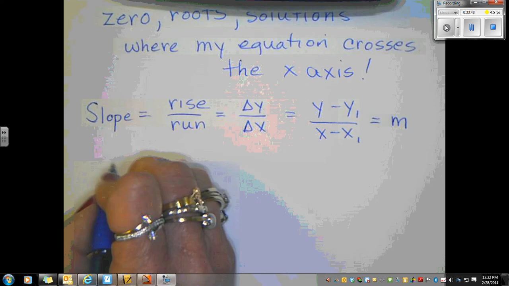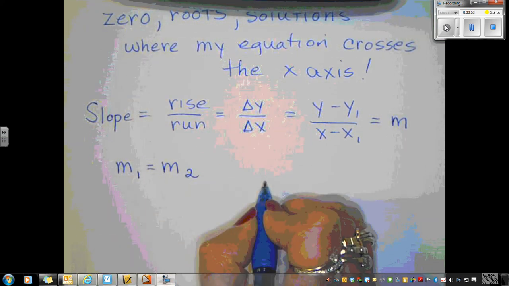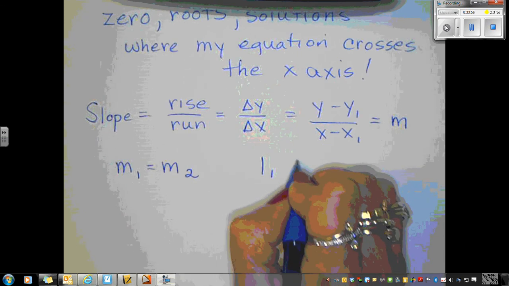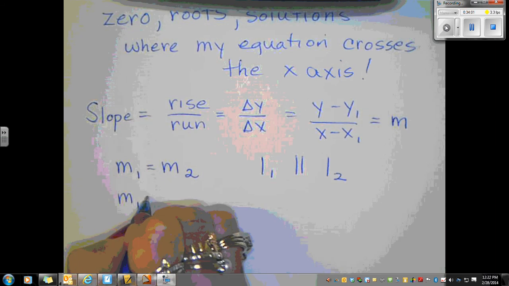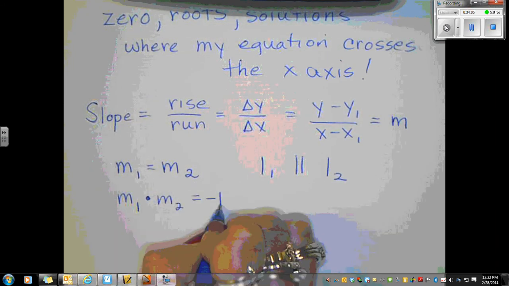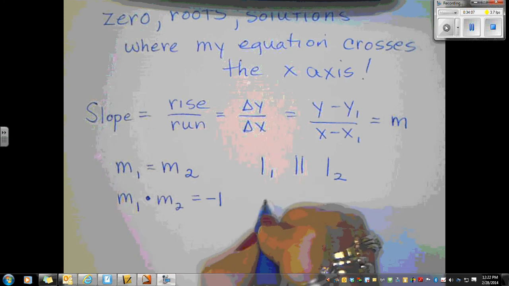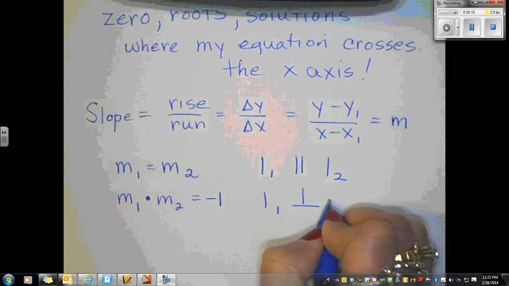Okay, if m1 equals m2, what can you tell me about the lines? L1 is parallel to L2. If m1 times m2 equals -1, what can you tell me about the lines? Perpendicular. Why?